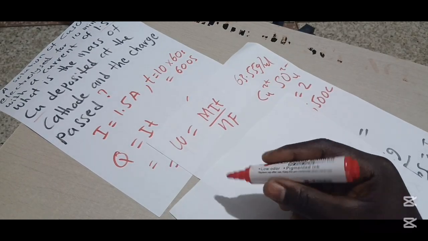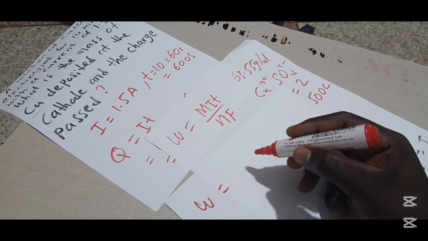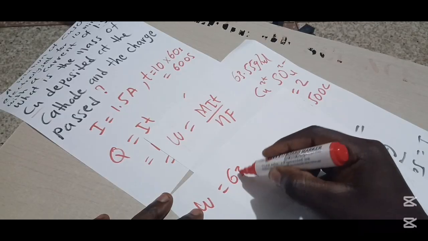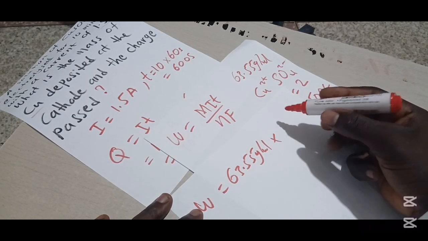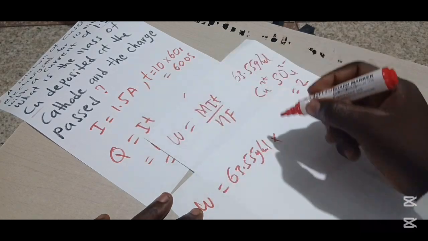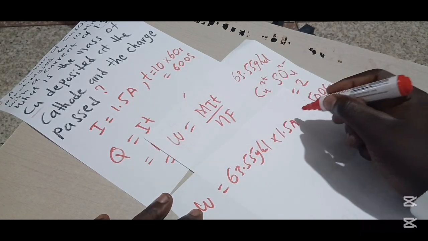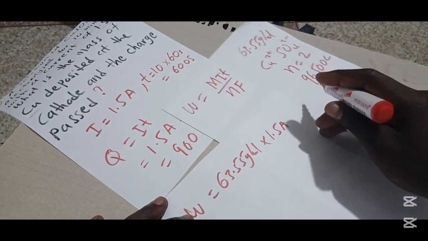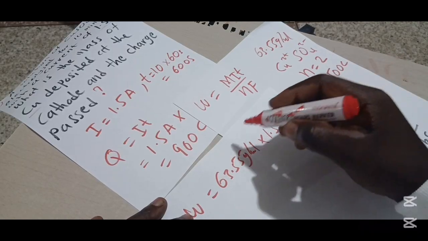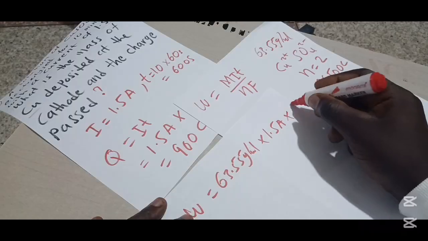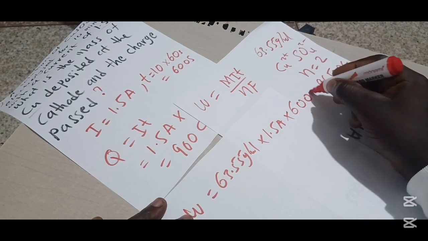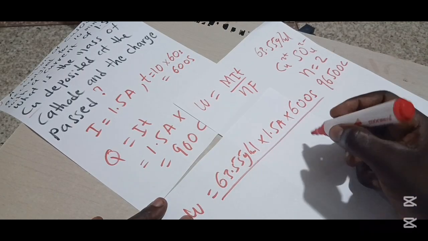So we know our W to be equal to molar mass, which is 63.55 gram per mole, multiplied by current, which is 1.5 ampere, multiplied by our time, which is 600 seconds, all divided by nF.